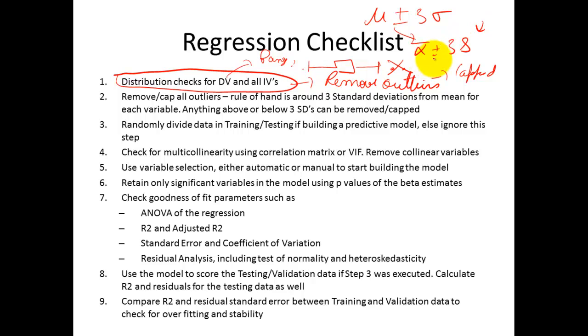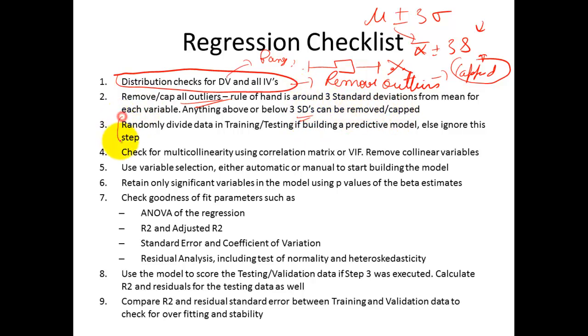Any value which is lower than mu minus 3 sigma, or x bar minus 3 sigma, is brought up to x bar minus 3 sigma. So that is capping. Either you can delete the observation or you can cap it at these extreme values. Anything above or below 3 standard deviations can be removed or capped.